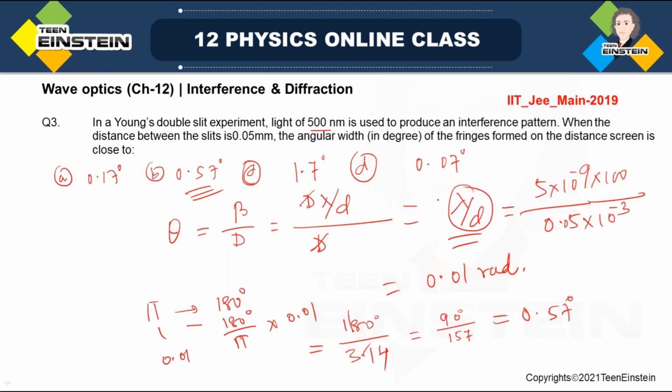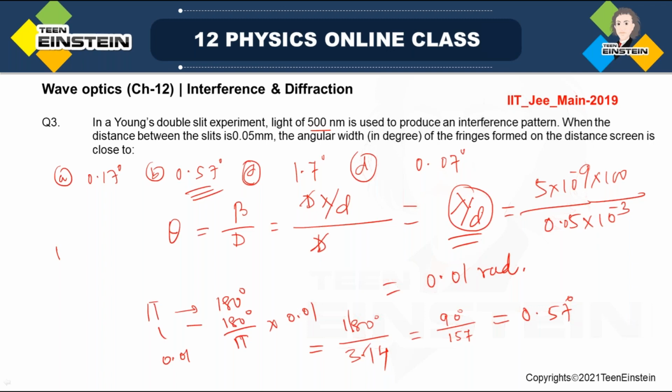Lambda by small d is the angular width of a particular interference fringe, or in this case at least the bright fringe. The angular width of the fringe is equal to lambda by d.